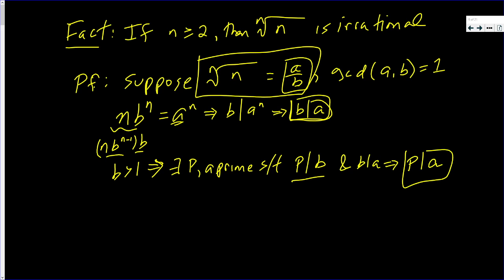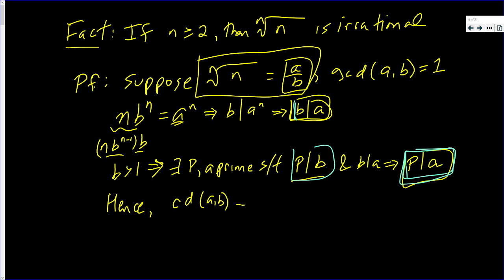Well, if p divides b and p divides a, we can say, hence, that a common divisor of a and b is equal to p. But the greatest common divisor may equal p, or it may be bigger than p.